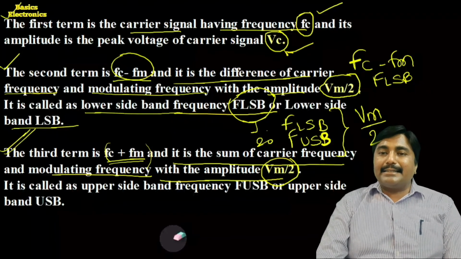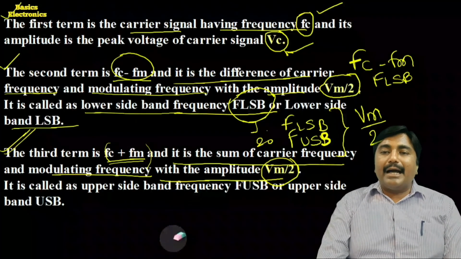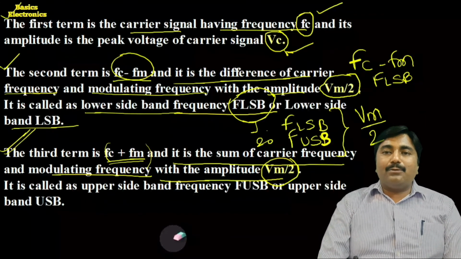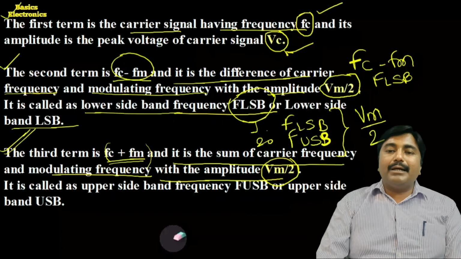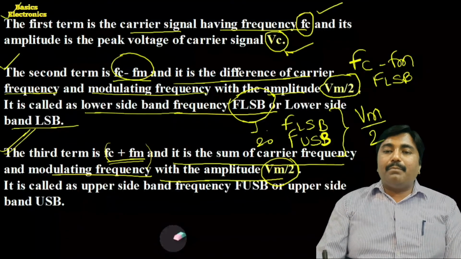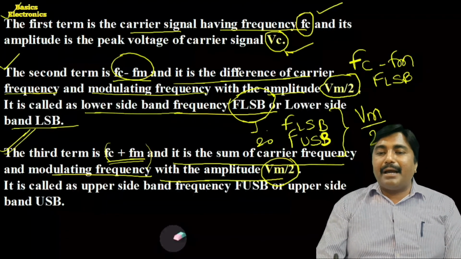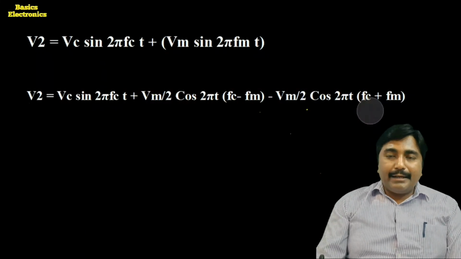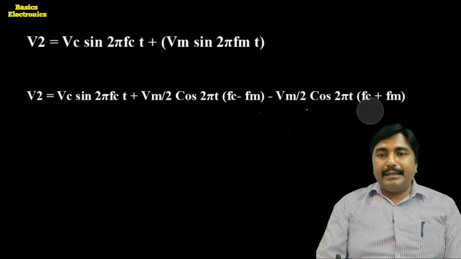That identity is sin A sin B. If we apply that identity, then we get the equation Vc sin 2 pi Fct plus Vm by 2 cos 2 pi t (Fc minus Fm) minus Vm by 2 cos 2 pi t (Fc plus Fm).